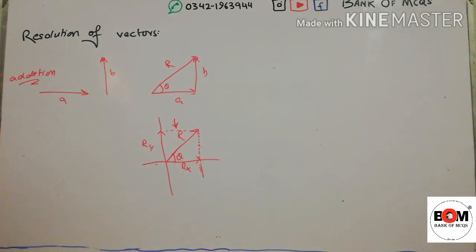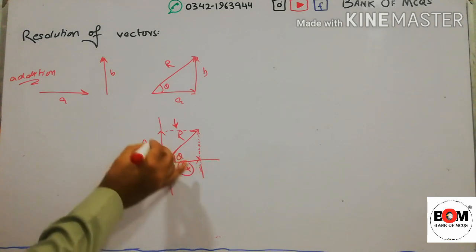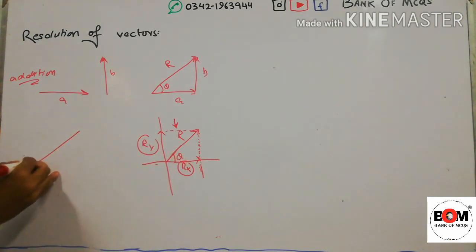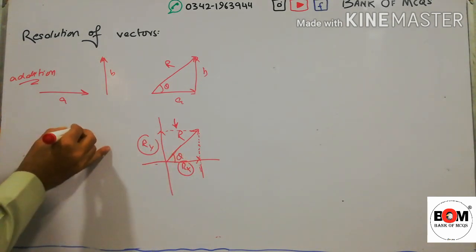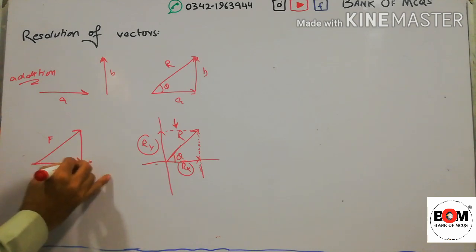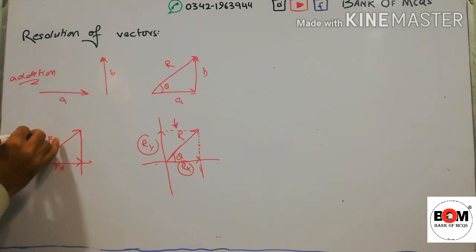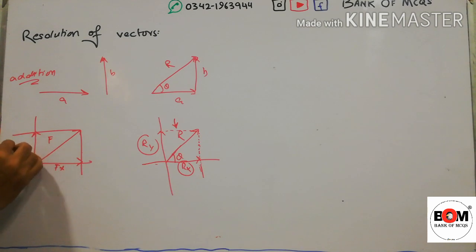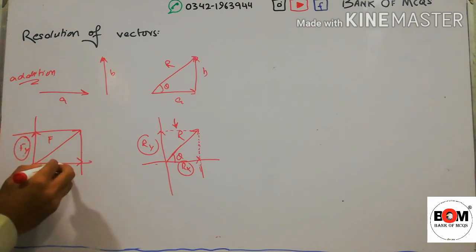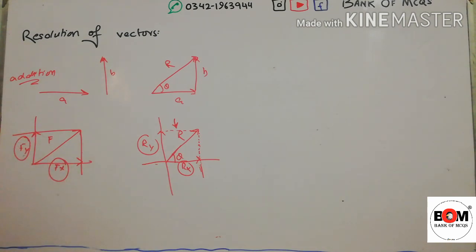Now to find the x component, Rx or Ry, or if they give us the vector F, this will give us the x component and this will give us the y component. How do we find Rx and Ry, or Fx and Fy?